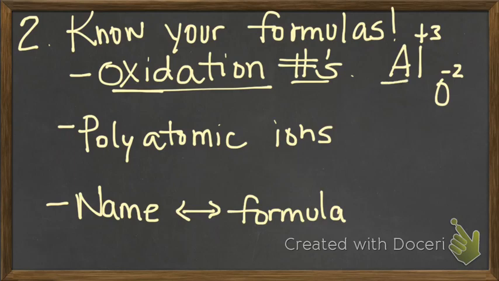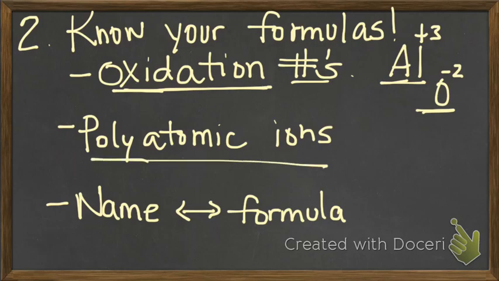If you cannot remember that, please go back to the naming ionic compounds from the first 6 weeks. If you go to the class website and scroll all the way down to the bottom, you'll see videos there that cover this material again. And so a lot of this is review, but if you don't know these oxidation numbers, you will struggle on the exam.